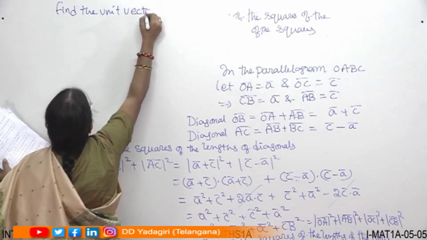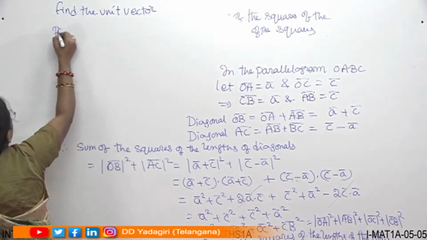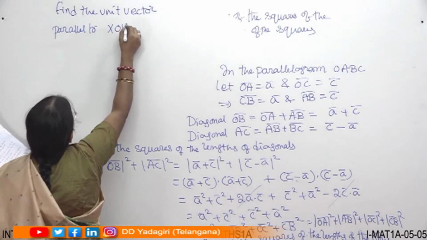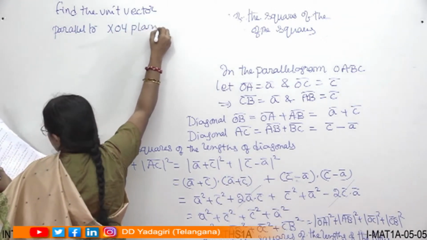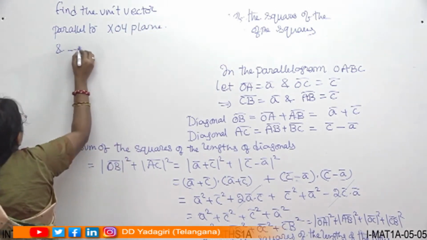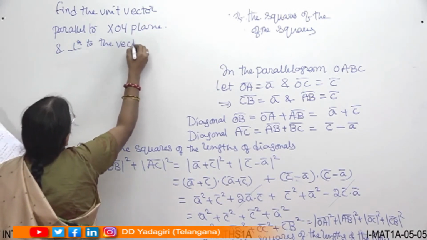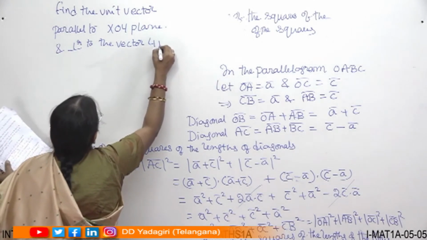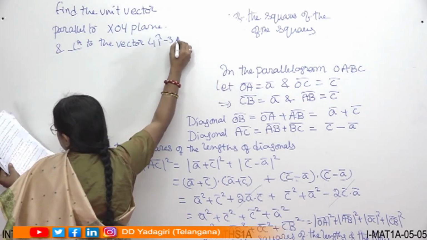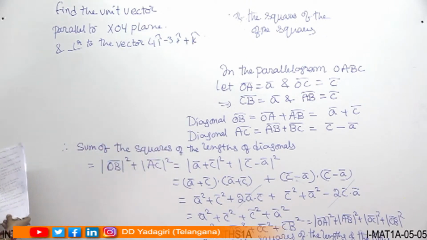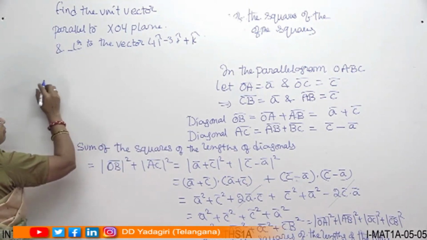Find the unit vector parallel to the XOY plane and perpendicular to the vector 4i minus 3j plus k. So you must find the unit vector parallel to the xy plane.